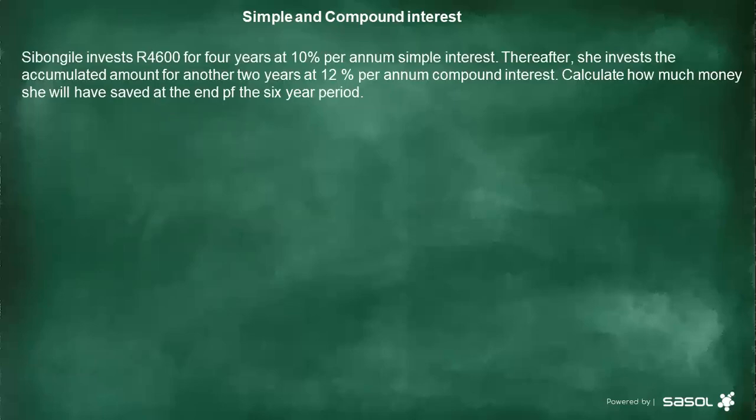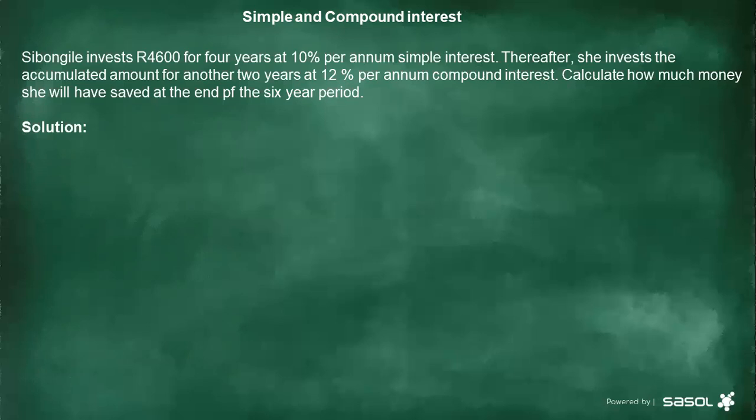Let's start with simple and compound interest and try to answer questions to see how we apply this. It says Sibongile invests 4,600 for 4 years at 10% per annum simple interest.